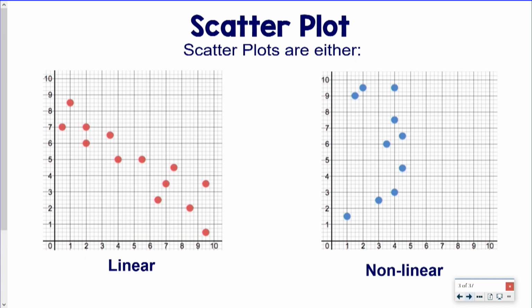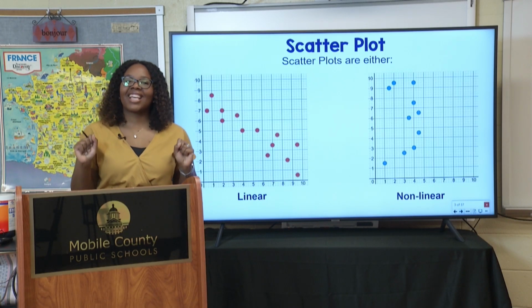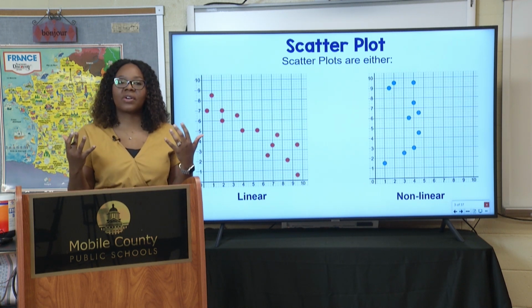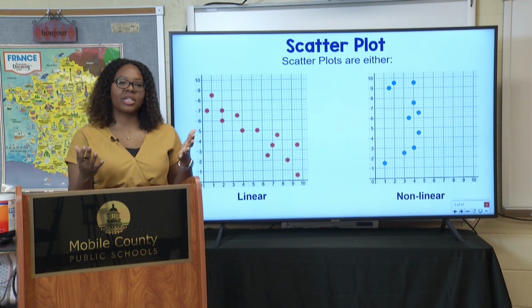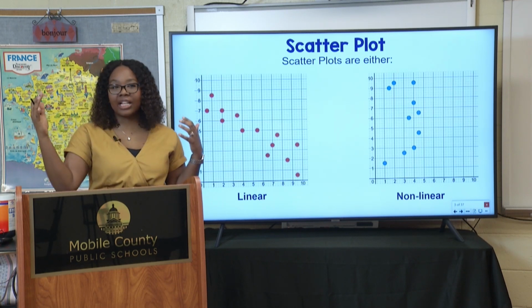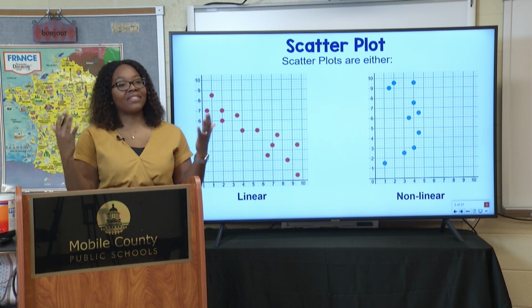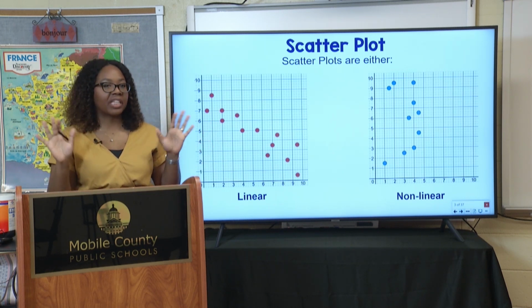Okay, so when we're looking at scatter plots, they can be either linear-like or nonlinear. And I say linear-like because if you can remember from second and third quarter, when we were studying linear relationships, we had perfect straight lines when we plotted the dots. Well, when we're graphing scatter plots, we don't get that perfect line.